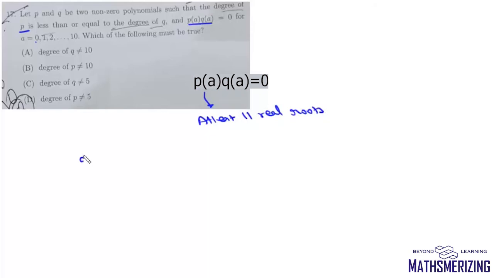If we take the degree of Q as 5, then the degree of P will also be less than or equal to 5. In that case, the maximum number of roots of this equation P(Q(a)) will be 10. But we are given that we have at least 11 real roots. That means the degree of Q can never be 5. So the answer to this question is option C.